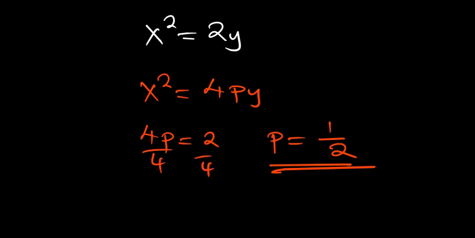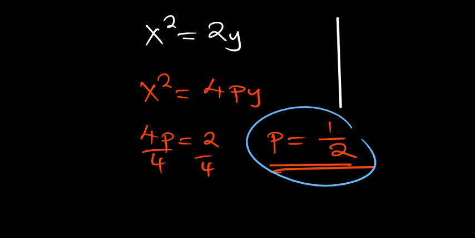Okay, so already, the fact that this is in the y direction like this, this is something like this. So you know the focus is going to be on the open side, right? So what do we do there?